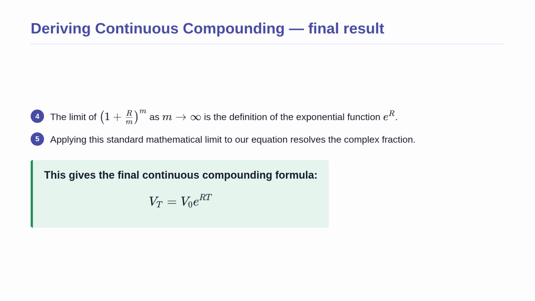By applying this standard limit, the messy fraction completely disappears. This gives us a final elegant result. Vt equals V0 times e to the power of RT. This constant e is the absolute foundation of continuous growth in nature and finance.